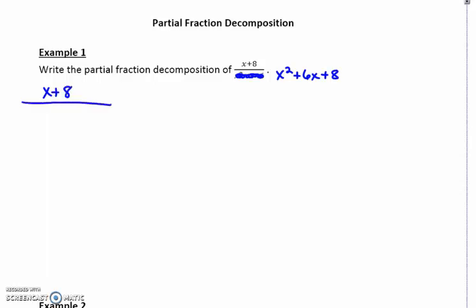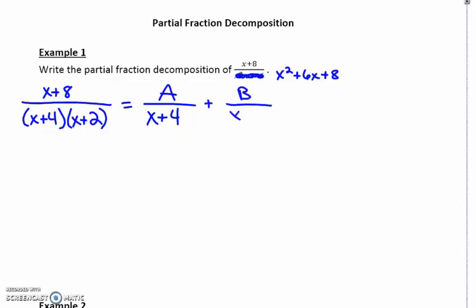So that's going to become x plus 4 and x plus 2. Again, we're factoring that into two linear denominators. And so then we can say that's going to equal A over the first factor, which is x plus 4, plus B over the second factor, which is x plus 2.